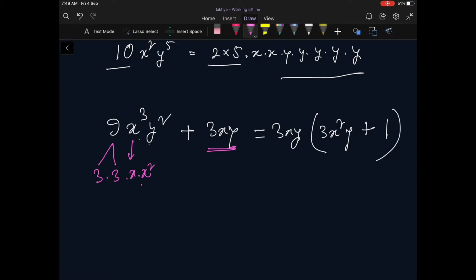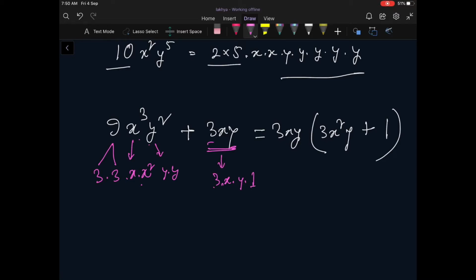This term is thrice xy, so here x to the power 1, so that's why I have written x to the power 1 into x to the power 2. X means x to the power 1. Now y square can be written as y into y. Then this can be written as thrice x into y into 1. 3 ones are 3, again you will get 3.